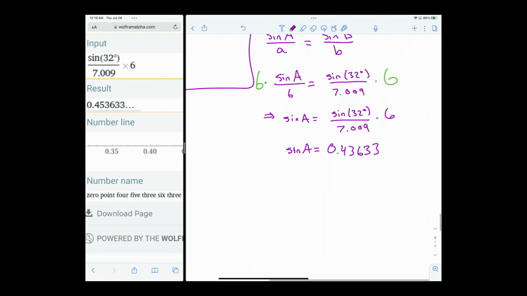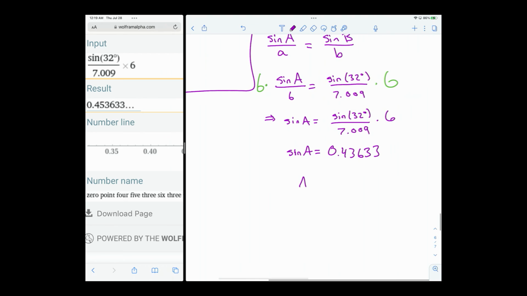Now that's not A, that's sine A. So if you're trying to calculate A, then what you need to do is take the inverse sine of both sides. Why did I write 4.3? That should be 4.5, right? Wait, I just wrote that wrong. It was 4.53633.